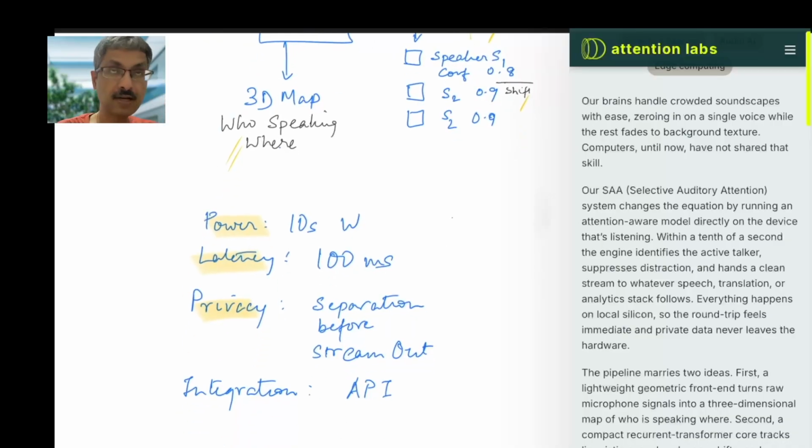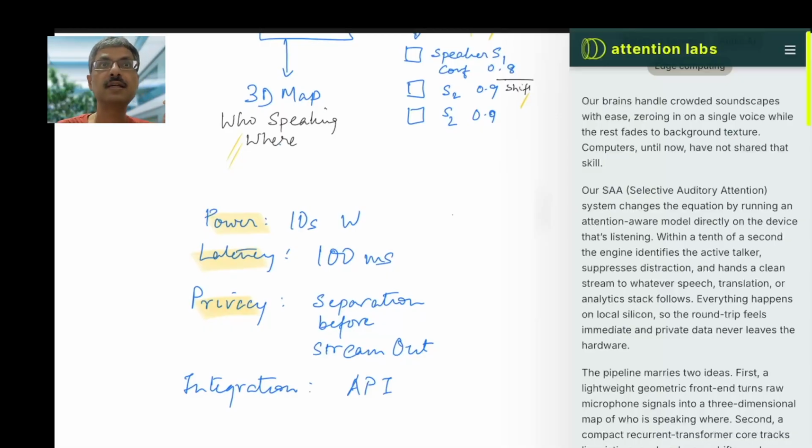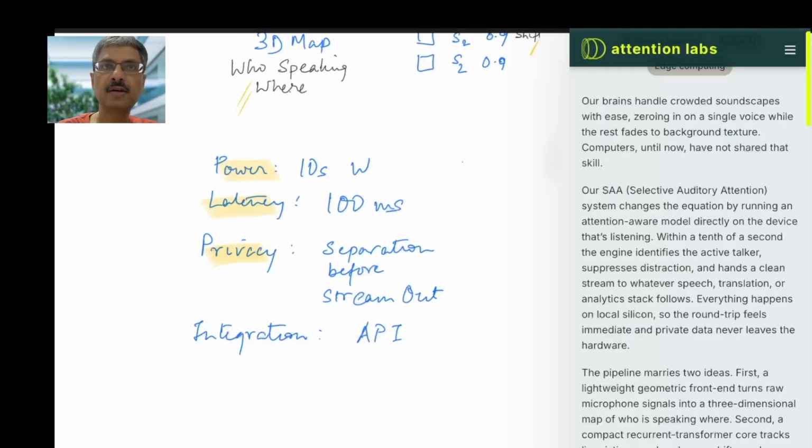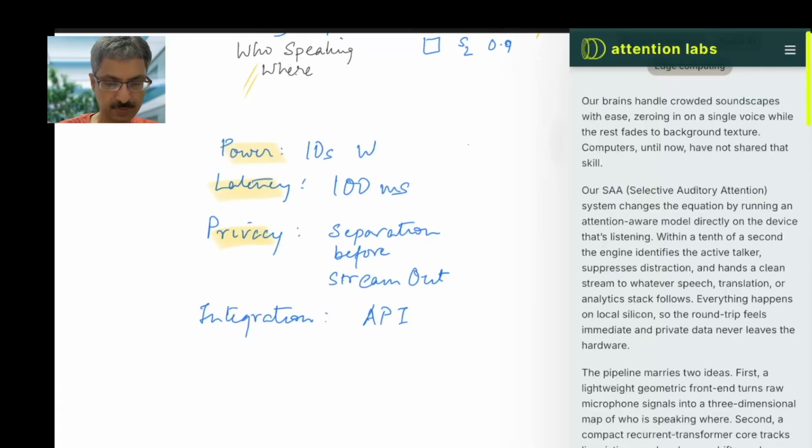The solution is hardware based, so it has very little power consumption, tens of watts, and latency is also pretty low. Latency is very important for voice pipelines. This is 100 milliseconds, and privacy is guaranteed because it's done in hardware before the stream goes out of the hardware. Integration is pretty easy.